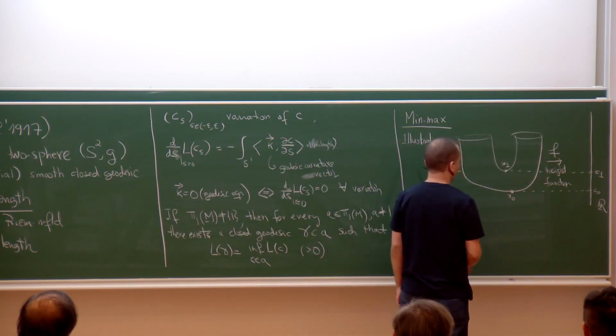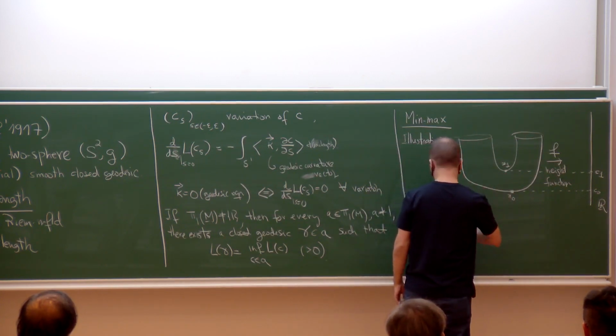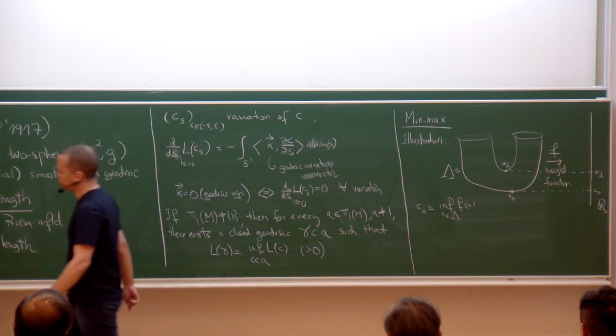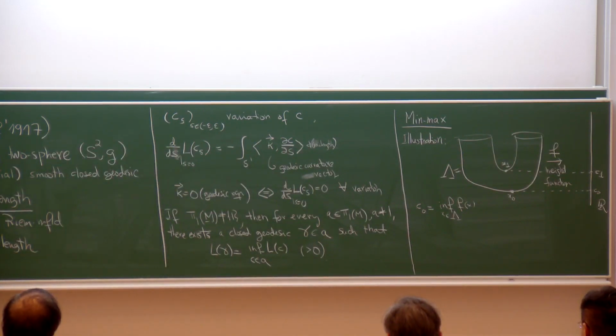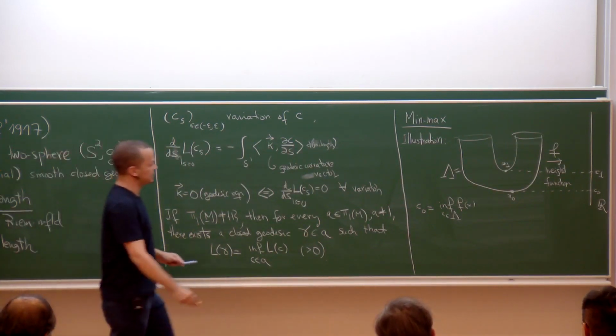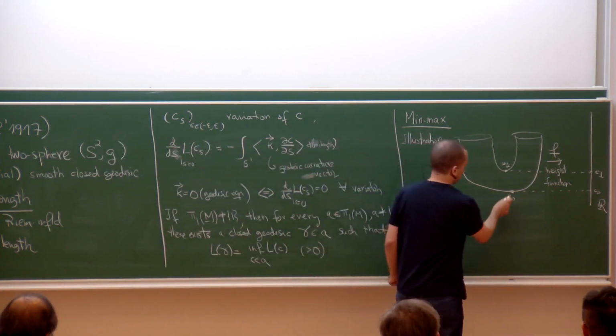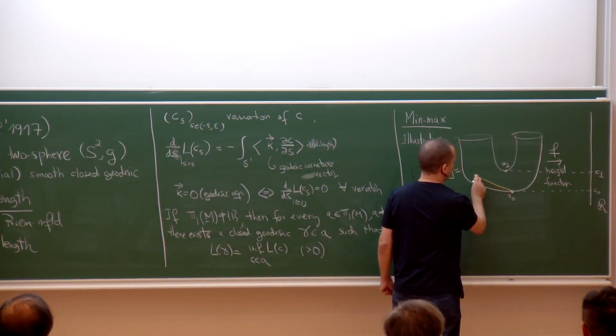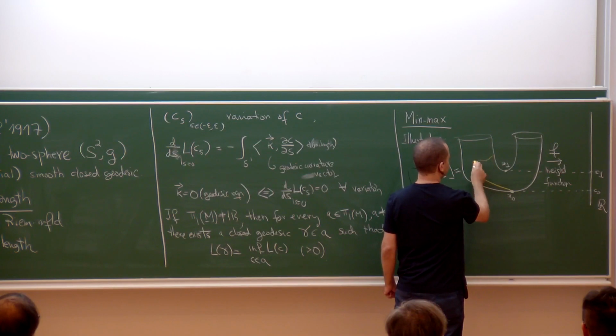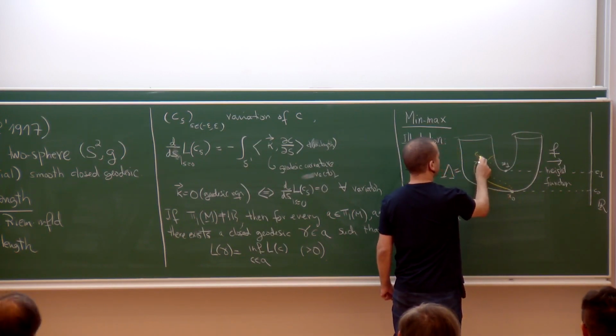And then the question is, how do we detect this critical point? So the idea is the following. You choose a loop that goes into the hole of the surface, say sigma naught.